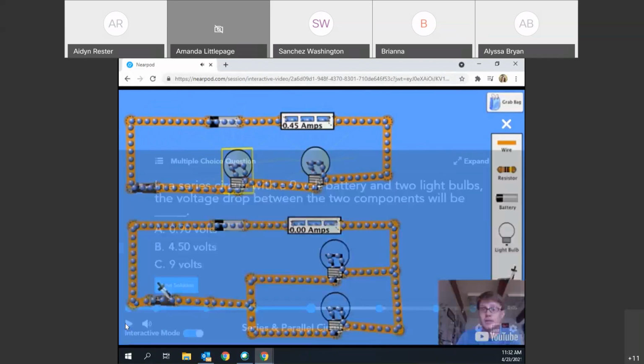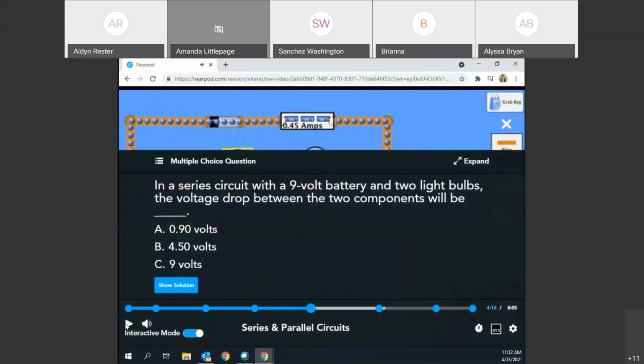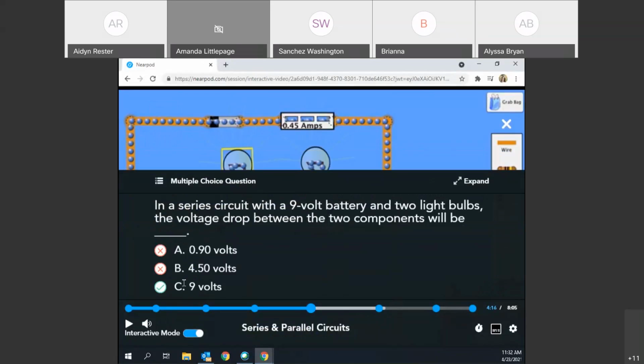So let's get. All right, in a series circuit with a 9-volt battery and 2 light bulbs, the voltage drop between the two components will be what? I don't know if that's a typo or not, right?